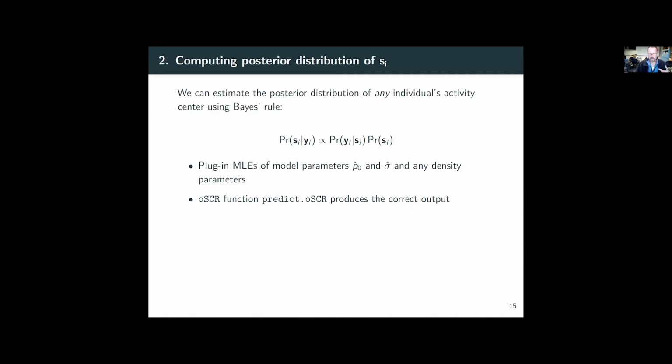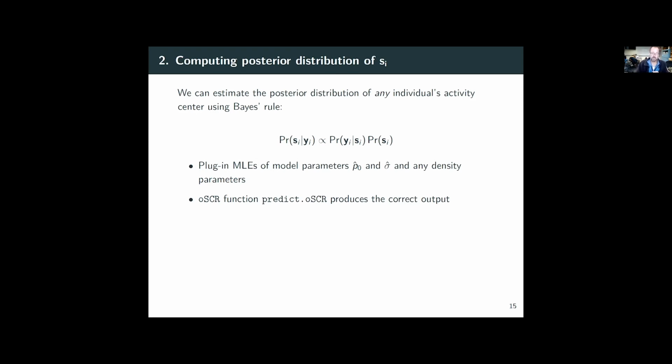So we can obtain the MLEs of the structural parameters of the model, P naught, sigma, density parameters, plug them into this Bayes' rule formula, and get this probability distribution for any given S, given the encounter history for that individual.